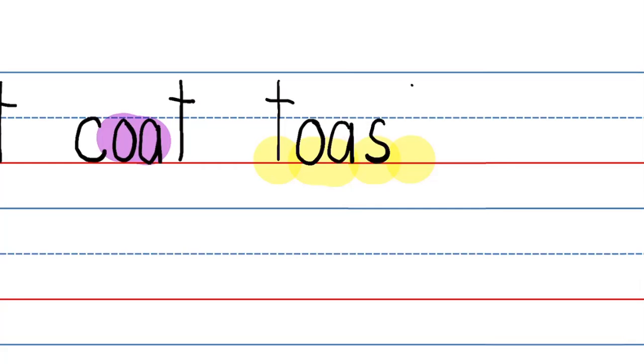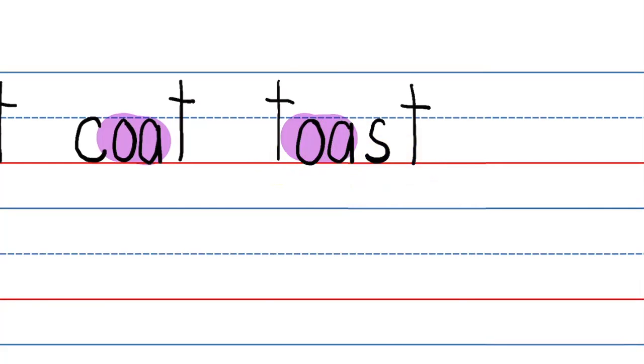Toast. Say the sounds again. Toast. And this is a word that we use the OA. You have to remember that on this one. We use the OA to spell the O sound in toast.